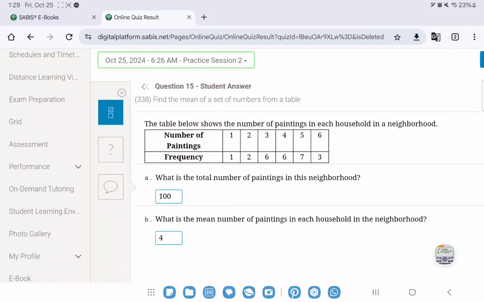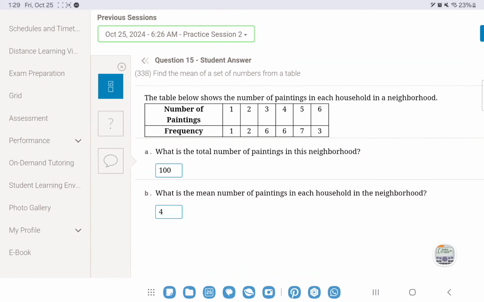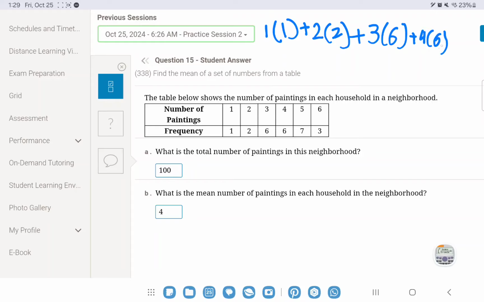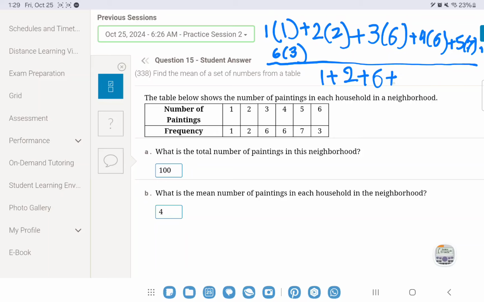So now the last one is again mean. So we do 1 into 1 plus 2 into 2 plus 3 into 6 plus 4 into 6 plus 5 into 7 plus 6 into 3 over 1 plus 2 plus 6 plus 6 plus 7 plus 3, which we said all of this is equal to 25.